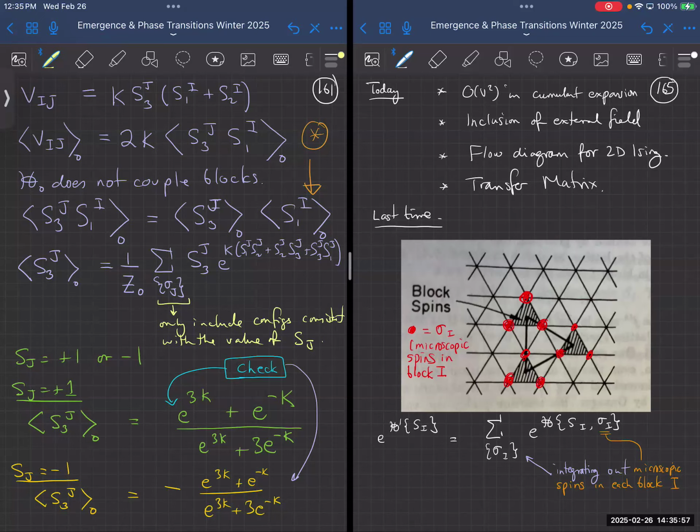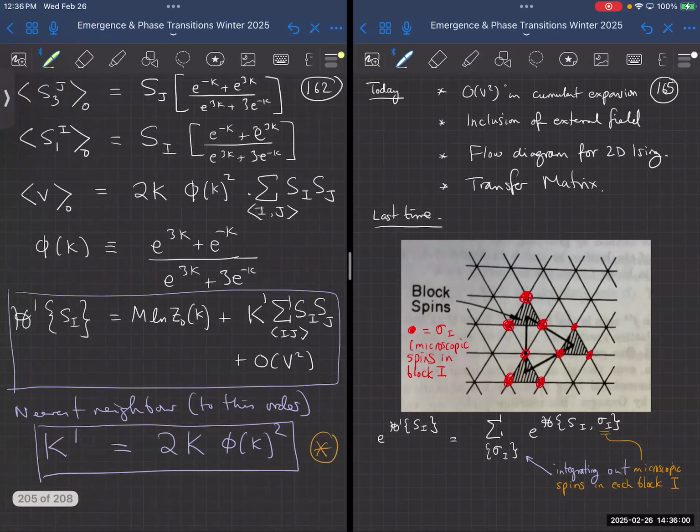So what we did last time was we evaluated all the interactions between the microscopic spins on neighboring blocks. We did a calculation, and in the end, we derived what you can see on the left-hand side of the screen. We derived the effective Hamiltonian now in terms of just the block spin variables. Apart from some constants, M log z_0 that we calculated, we saw that at least to this order in perturbation theory, it has the same form as the nearest neighbor Ising model that we started with, but with a new coupling constant.